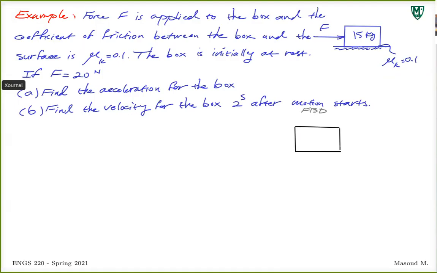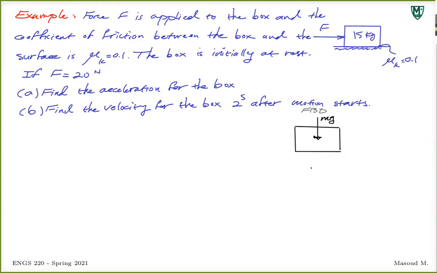Gravity or friction, I suppose. I have gravity or weight, and I have friction. So let's put those. Gravity or weight, and it's mg.